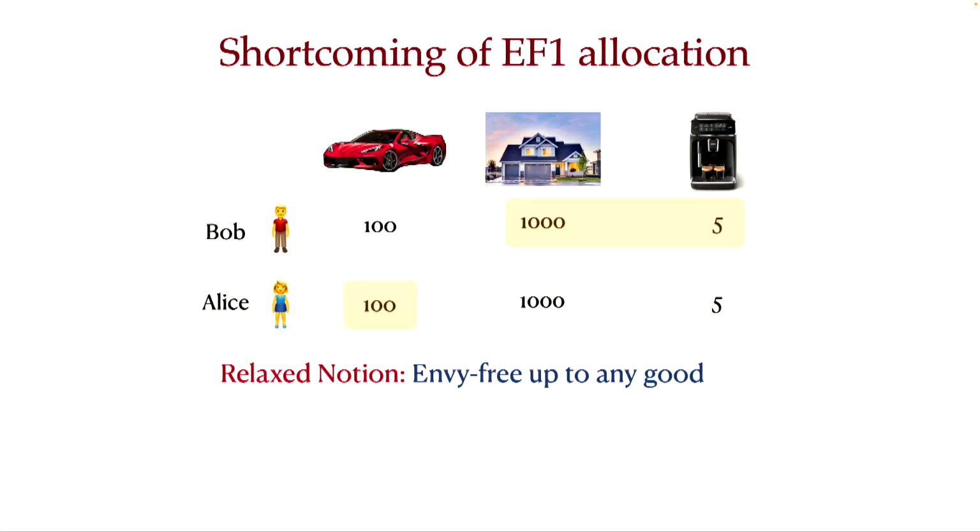People defined another notion of envy freeness, that is up to any good. It means that no matter what item I remove, removing items one by one, it should be envy free. For example, if I remove the house, then also Alice should not envy Bob.